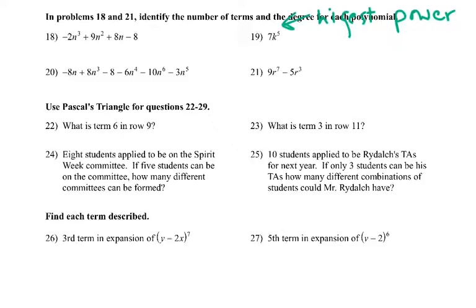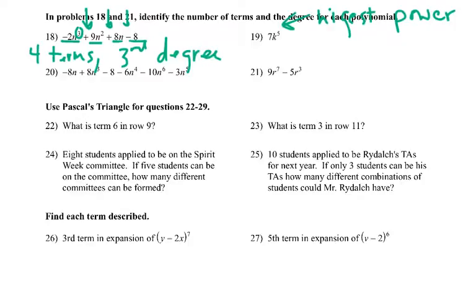So if I look at 18, basically look for pluses and minuses. Anything in between is going to be a term. So 1 term, 2 terms, 3 terms, 4 terms. So there's 4 terms, and the highest degree is 3. We often call that a cubic polynomial, but we could just say 3rd degree.